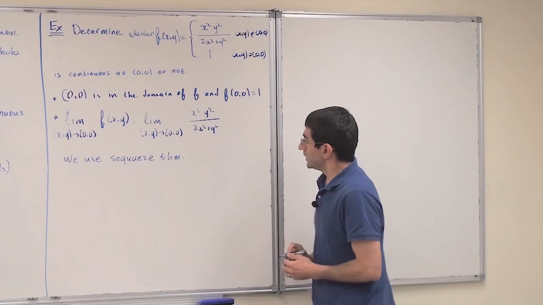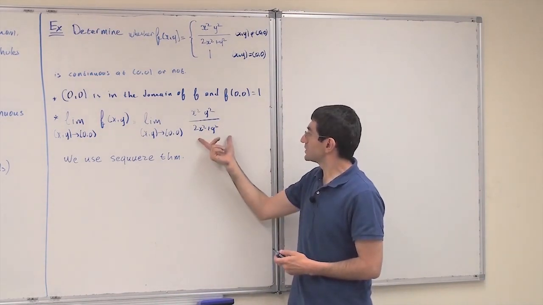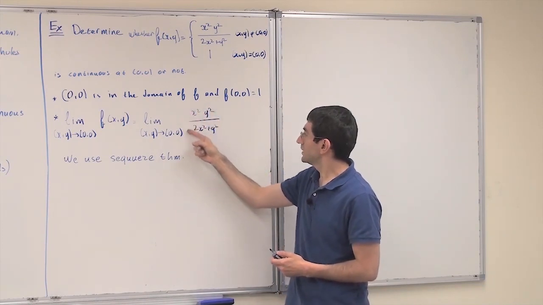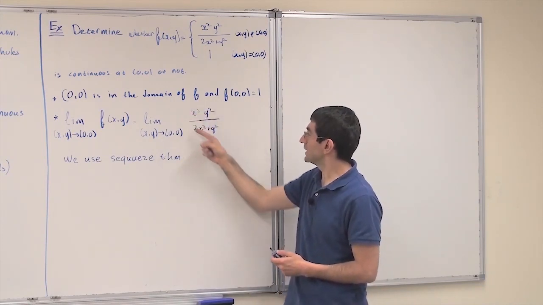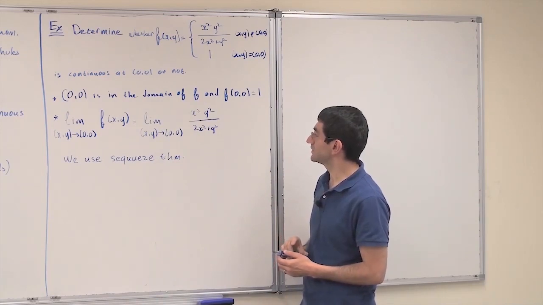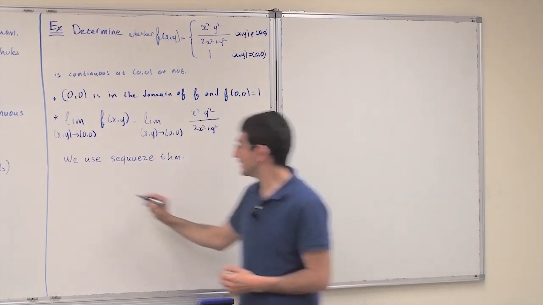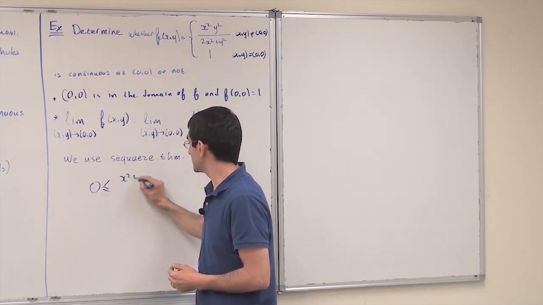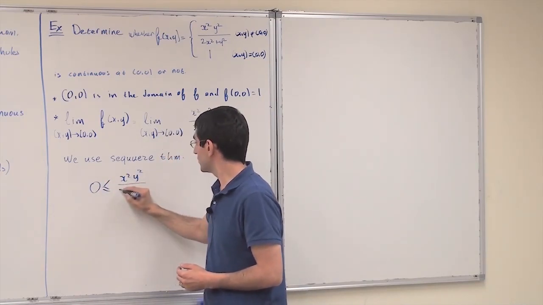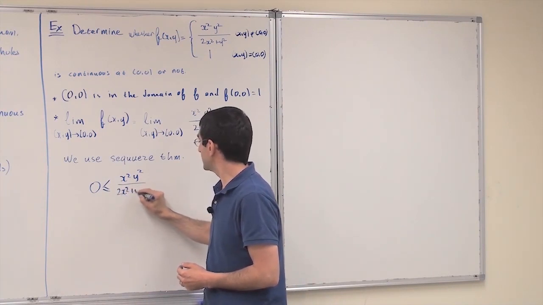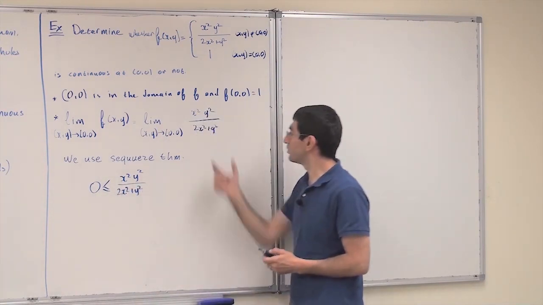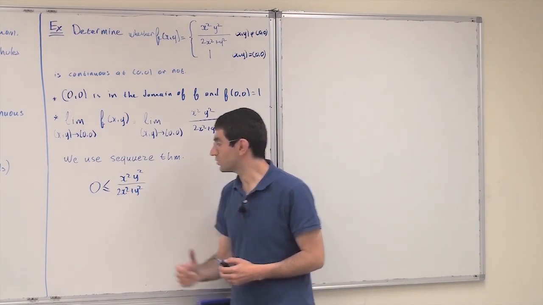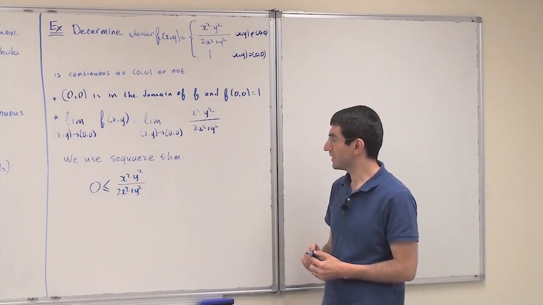To be able to use it, I need to find 2 functions, one of them smaller than this and the other one greater than this, with the same limit. My first observation about this function is that all terms are squared and in the denominator we are adding two positive numbers. So I can say that our function is always greater than or equal to 0.